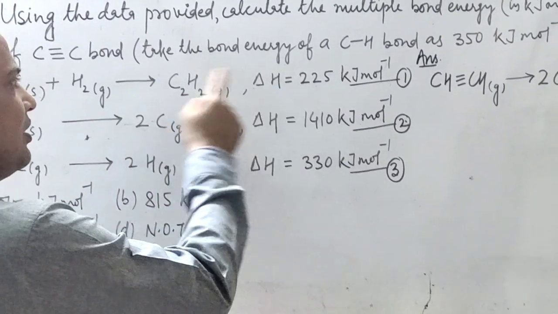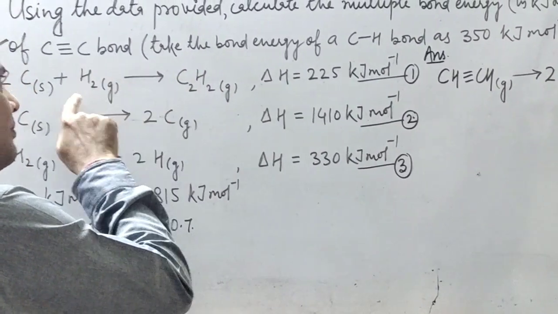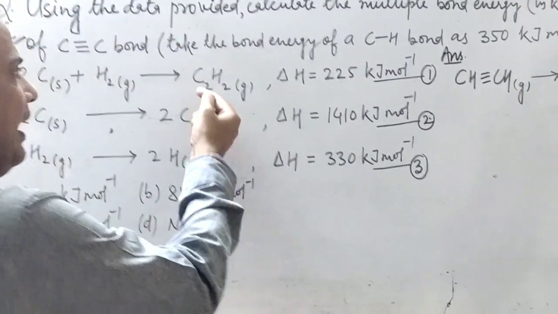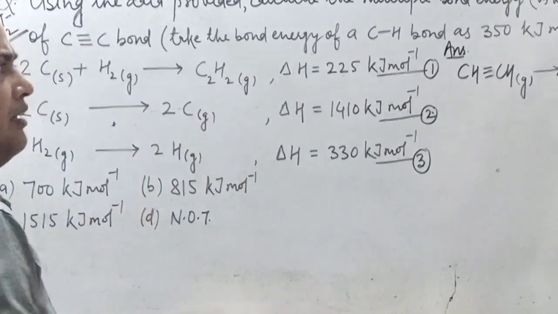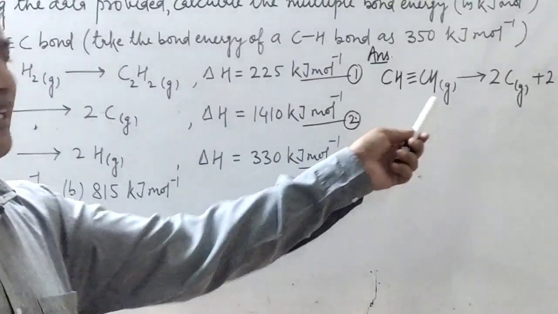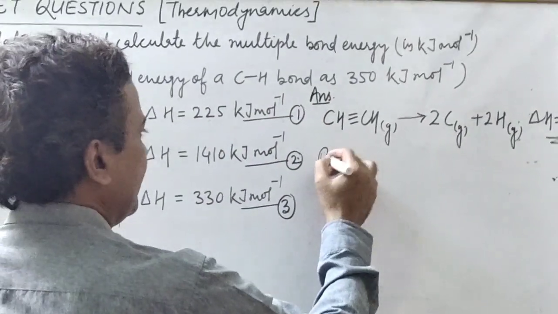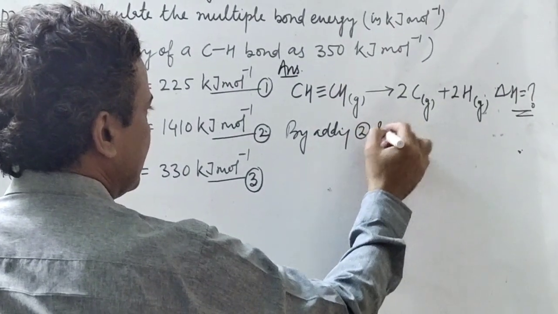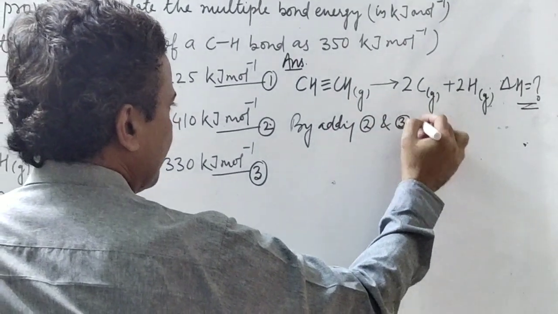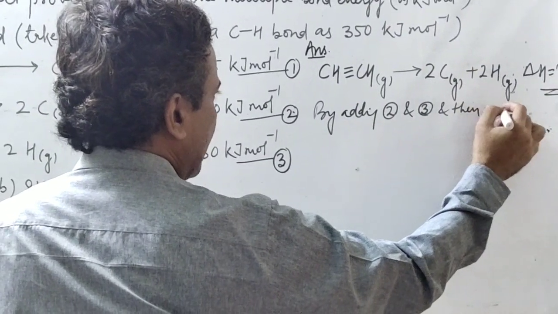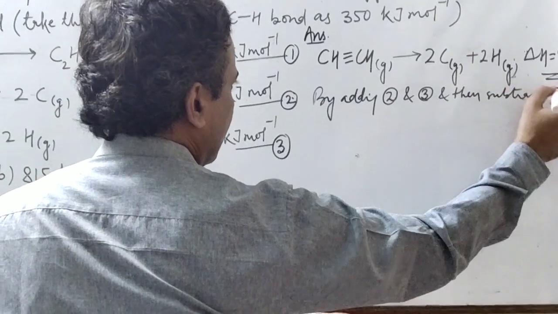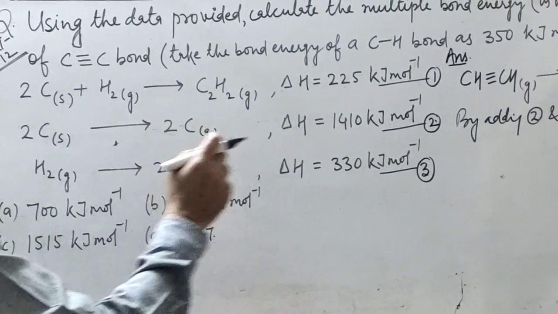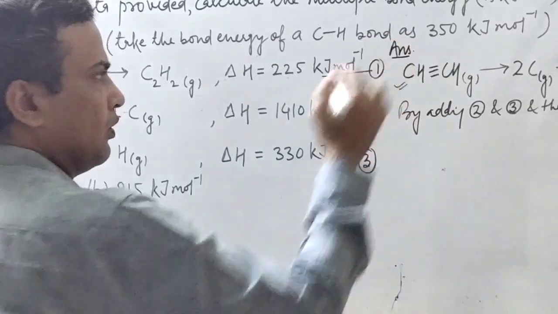If you reverse the reaction 1, means C2H2 on left side and carbon and H2 on right side, and then add that reaction to second and third, you can get this particular reaction. So by adding 2 and 3 and then subtracting 1, second and third reactions are added and first reaction is subtracted, so that you can get this particular reaction.